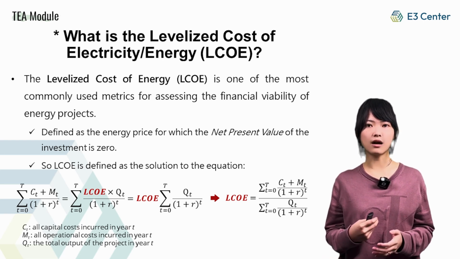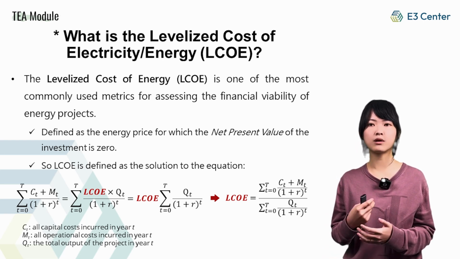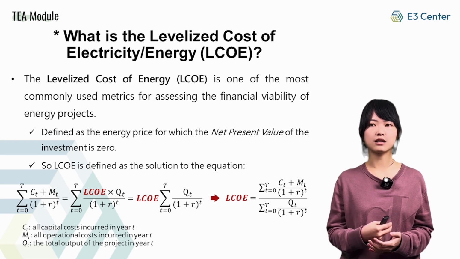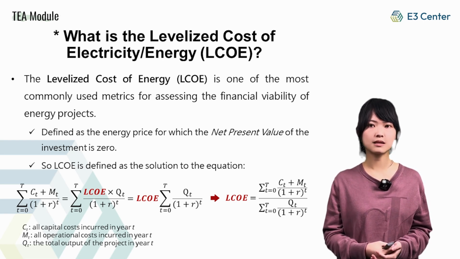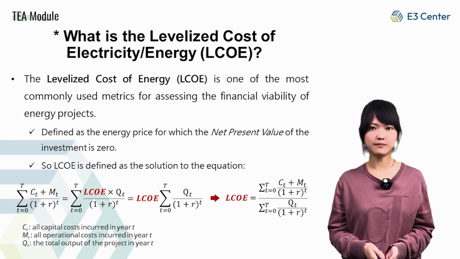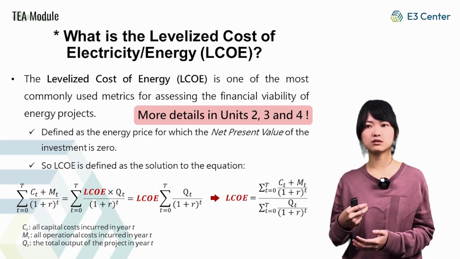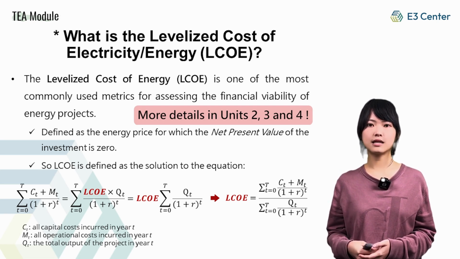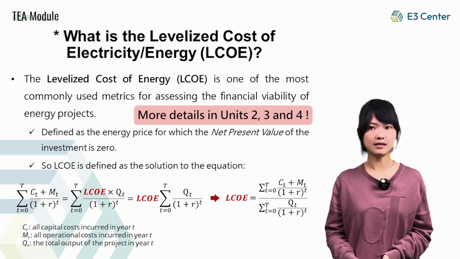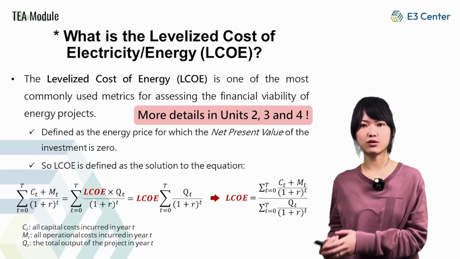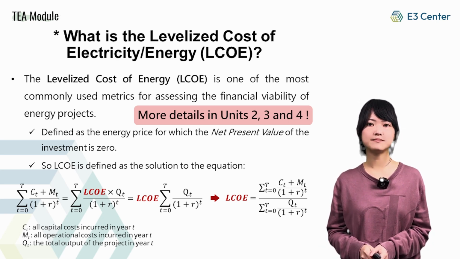It essentially tells us which plant is more profitable when selling electricity at the same market price and operational lifespan. We will delve deeper into this calculation in Units 2, 3, and 4, examining what the time value of money is and how these equations are calculated.